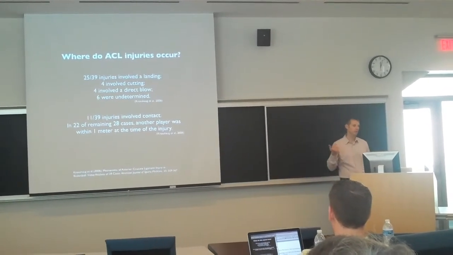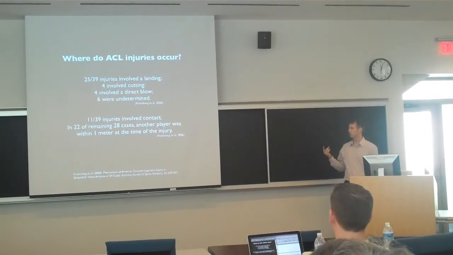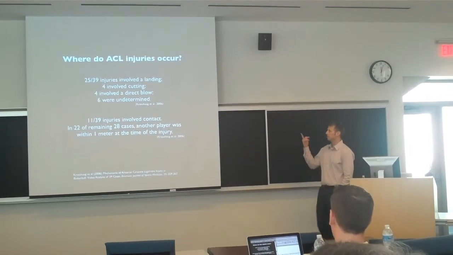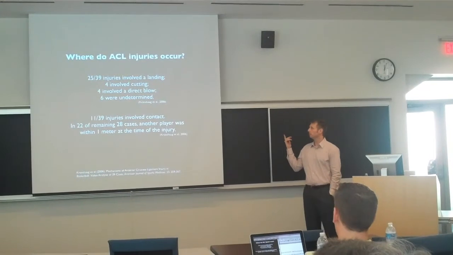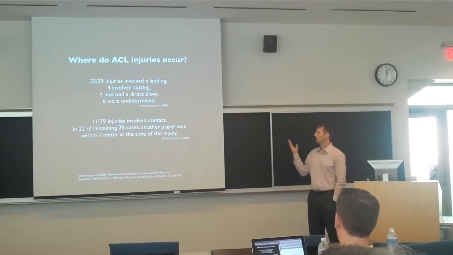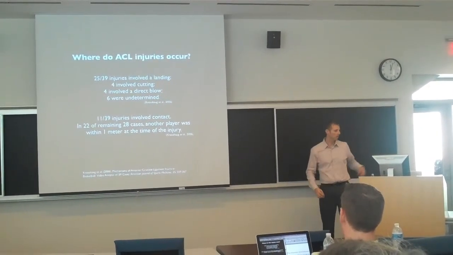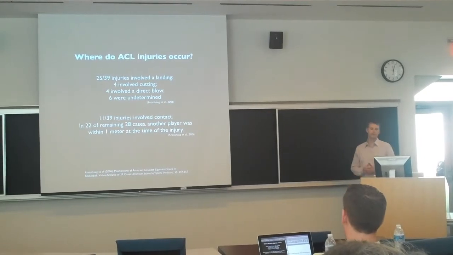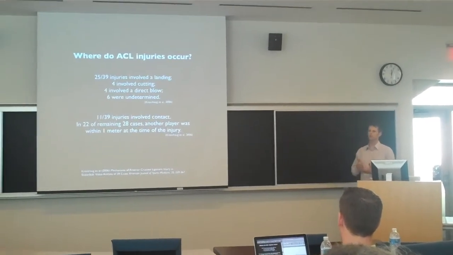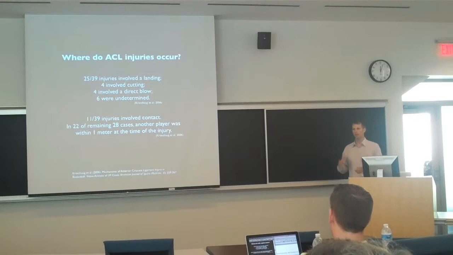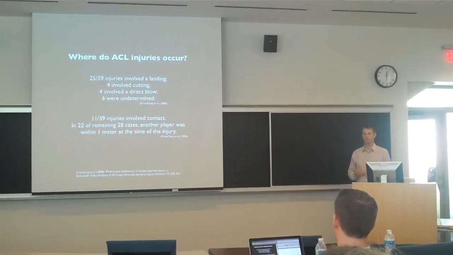This is just expanding on the original study. Most of them involved the landing, and in addition to the landing, most of them involved a player being in the vicinity for that landing.